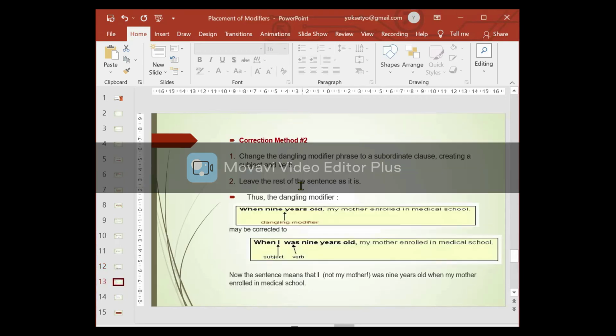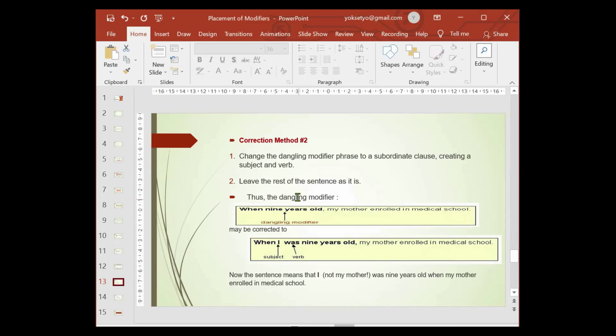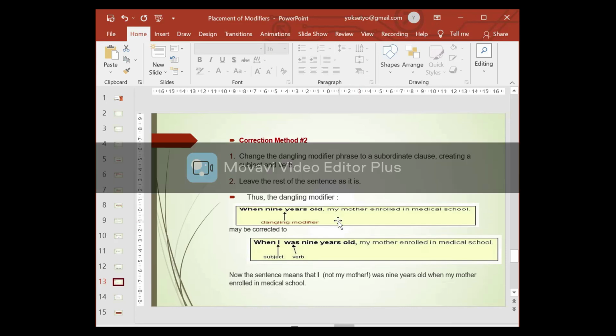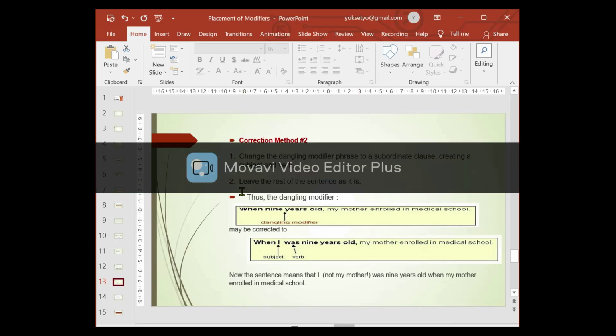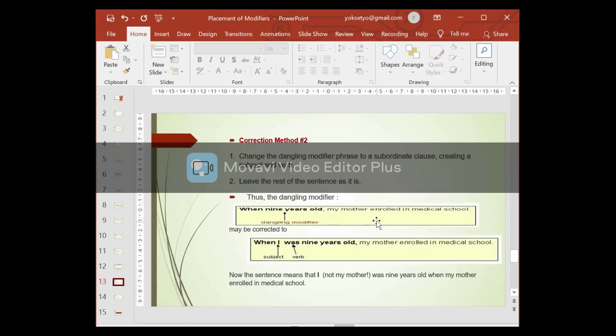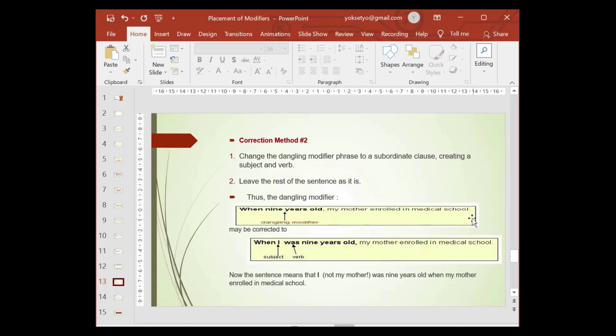And then the second method: please change the dangling modifier phrase to a subordinate clause, creating a subject and verb. Please leave the rest of the sentence as it is. Look at the example. When 9 years old, my mother enrolled in medical school. That is an example of a dangling modifier.